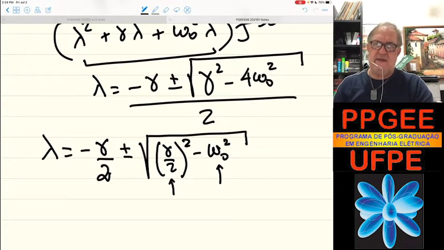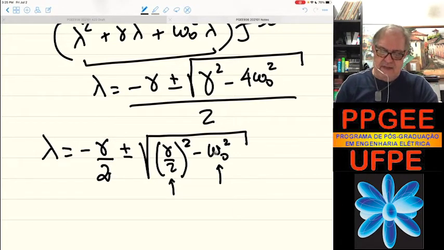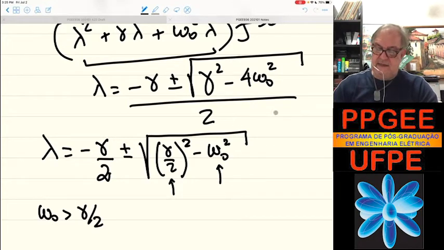In general, omega 0 might be much larger in low-loss systems, okay? So this is loss, the damping. If the damping is small, this is expected to be small relative to omega 0. It might not be sometimes, but it is in general. So assuming that omega 0 is larger than gamma over 2, we see that this number is negative.